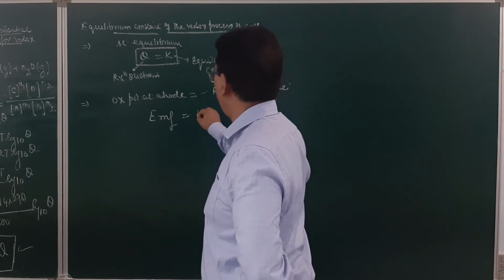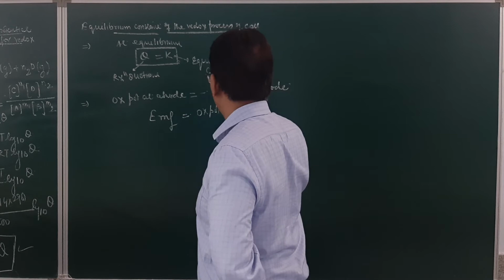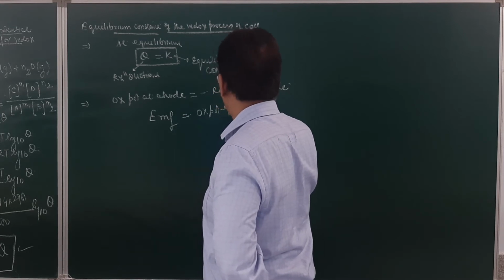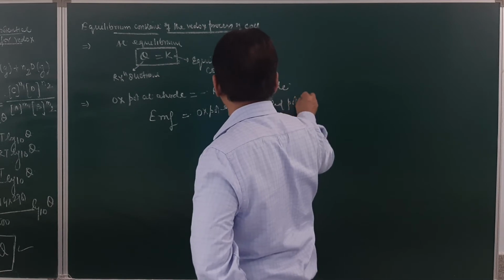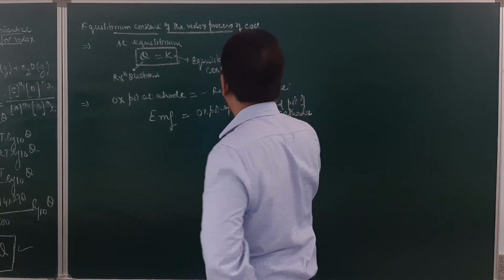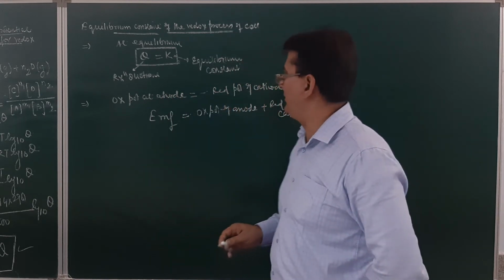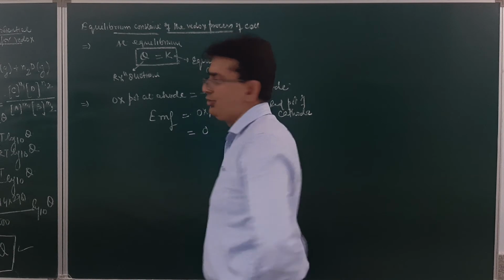This will be equal to oxidation potential of anode plus reduction potential of cathode. And since they are of opposite sign and equal, as the cell is in equilibrium, EMF of the cell will be equal to 0.